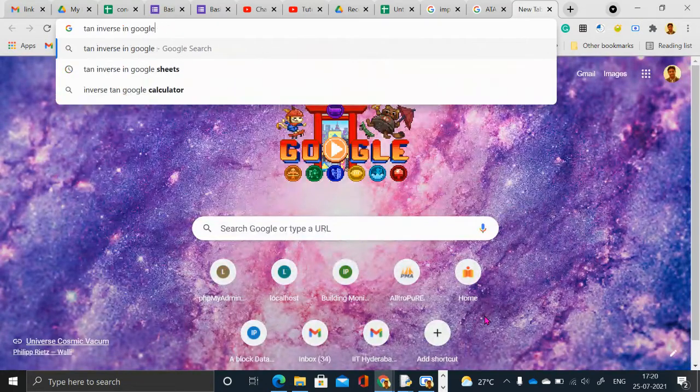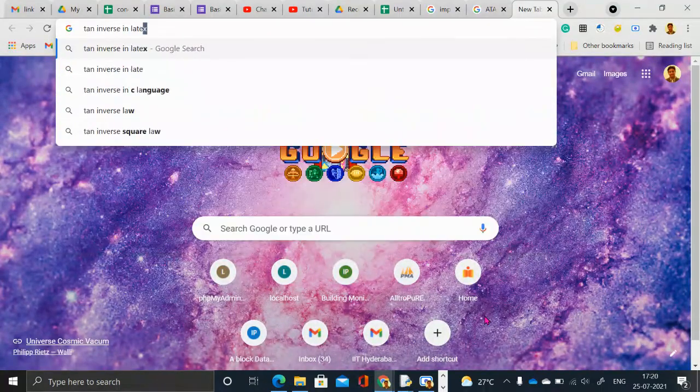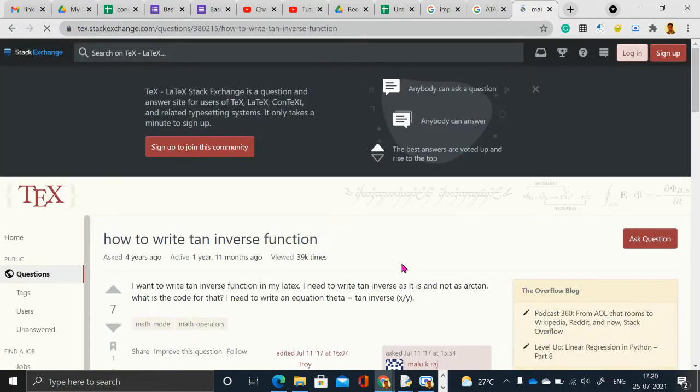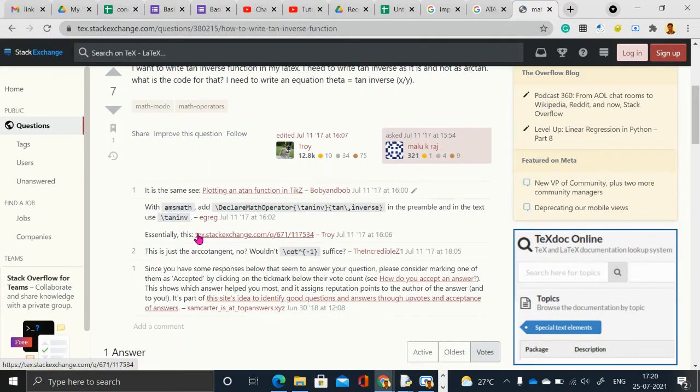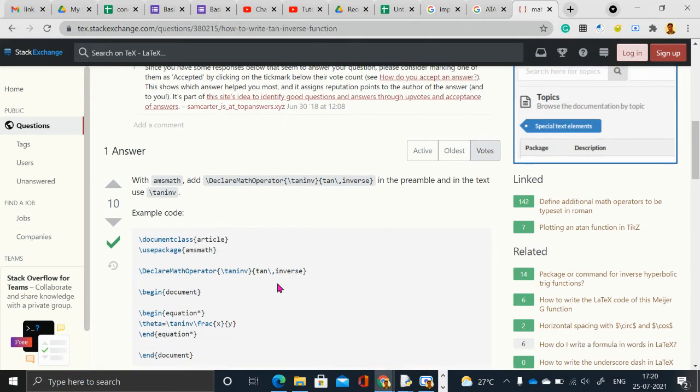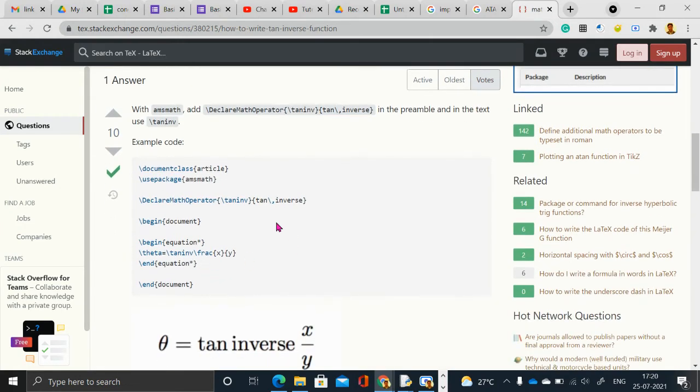Tan inverse in LaTeX. Backslash tan inv. Okay, I think I just have to give a power of minus 1.